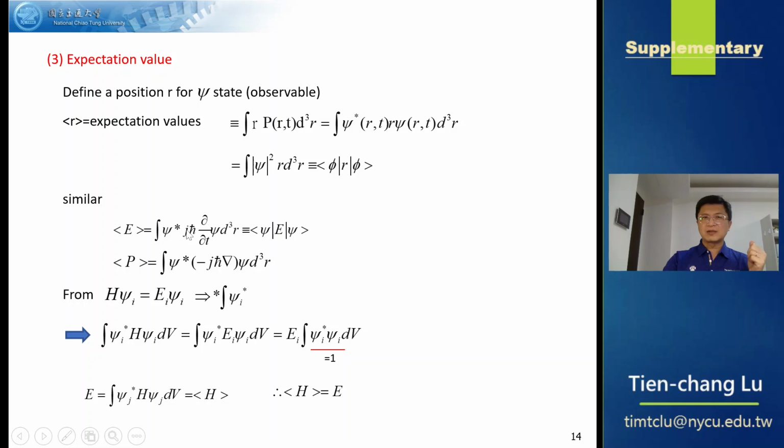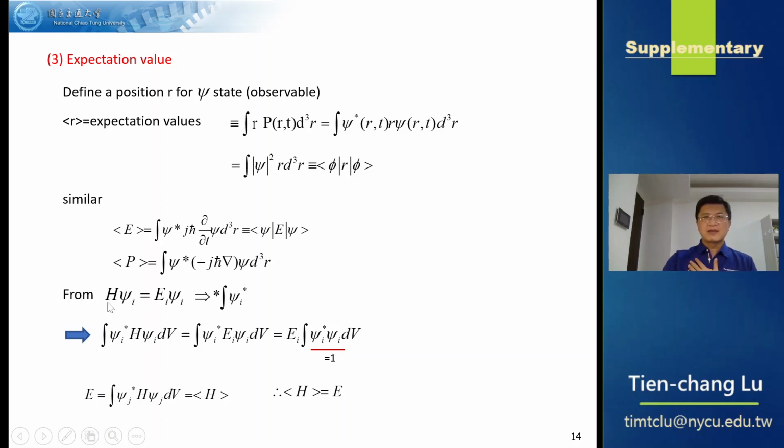This operator is j h bar d phi over dt. And P is also an operator, that is minus j h bar gradient. Gradient phi, multiplied with phi complex conjugate, and integrated over the space.